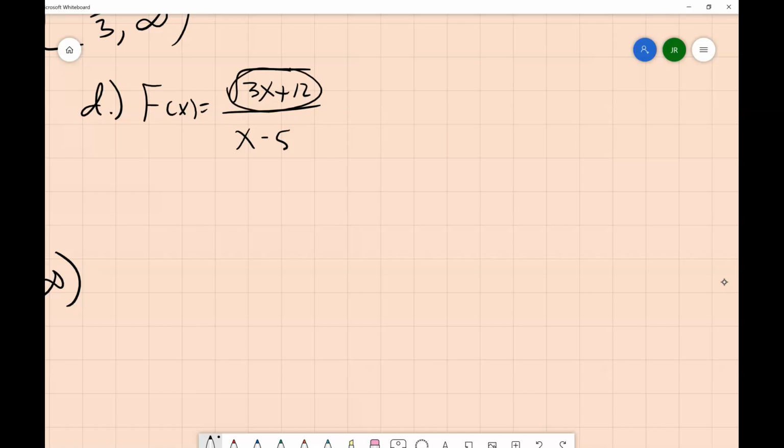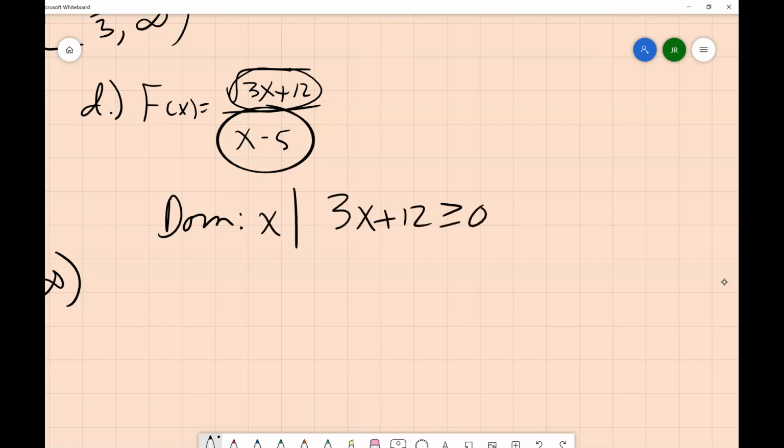It's got to be greater than or equal to 0, and I also have a fraction where the denominator of that fraction can't be equal to 0. So I'm going to have to say both of those things. I'm going to say the domain is all x such that 3x plus 12 is greater than or equal to 0, and x minus 5 is not equal to 0.